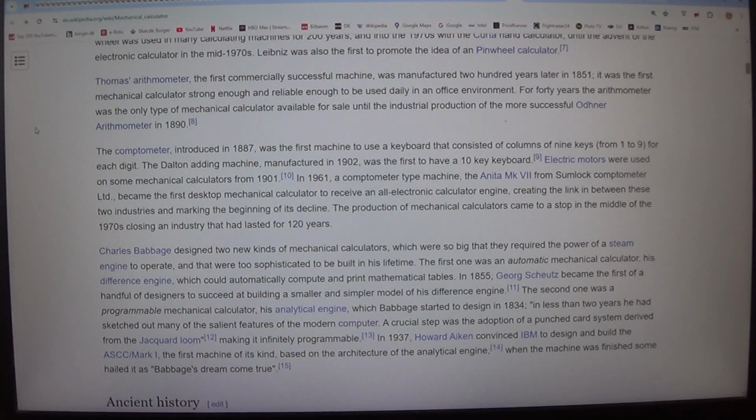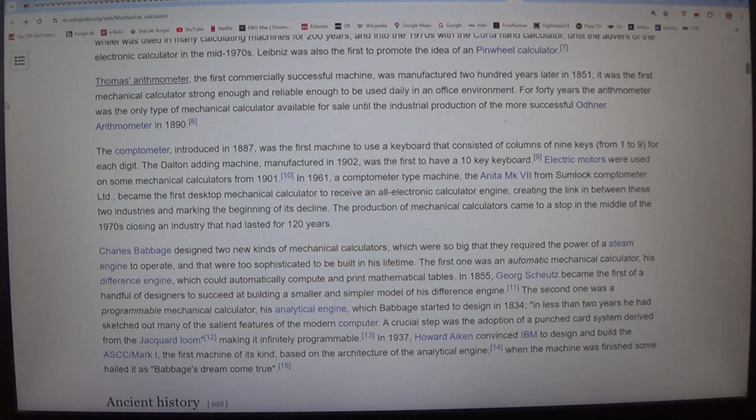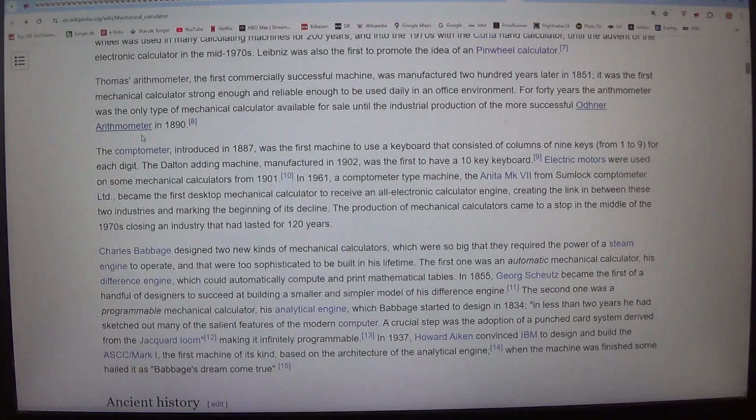Thomas arithmometer. The first commercially successful machine was manufactured 200 years later in 1851. It was the first mechanical calculator strong enough and reliable enough to be used daily in an office environment. For 40 years the arithmometer was the only type of mechanical calculator available for sale until the industrial production of the more successful Lardner arithmometer in 1890.